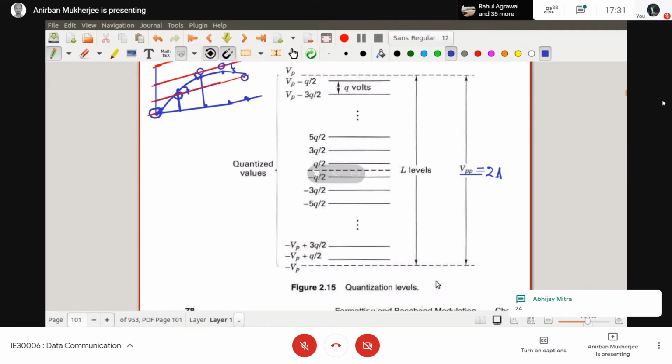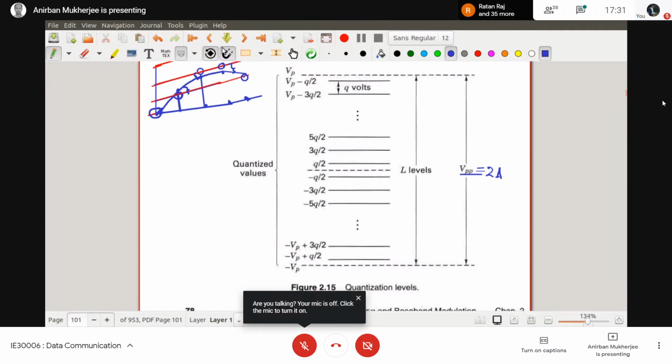So I have to take care of the whole range. In this case I have taken 2 levels, assuming the signal is a sinusoid but with only one side shown. I said I have 4 different levels, but here let me say I have L levels.